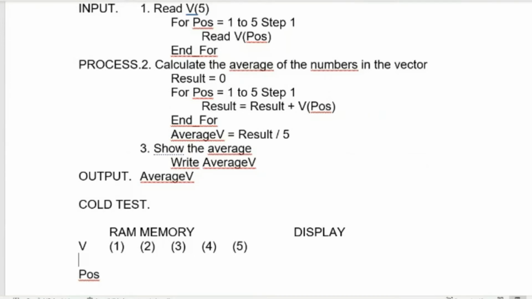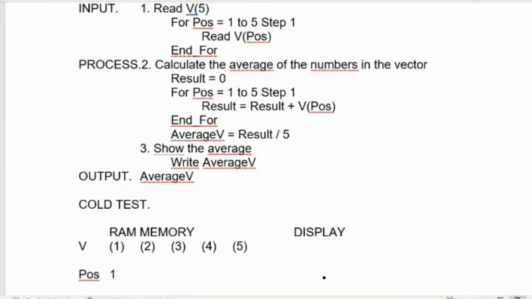So let's see. For pos equal 1 to 5. That means pos begins in 1. Read vector in position pos.